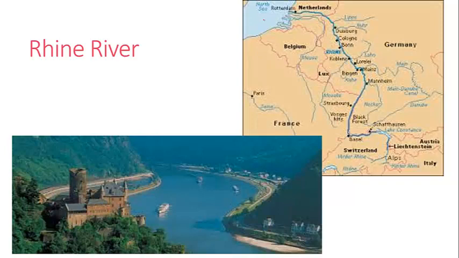Then we have the Rhine River, which starts all the way up here in the Netherlands, and it travels through many of the northwestern parts of Europe and all the way down into the Alps, passing through Germany and Switzerland, all the way to the top part of Italy.